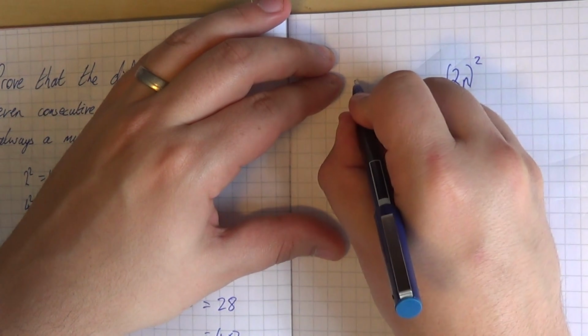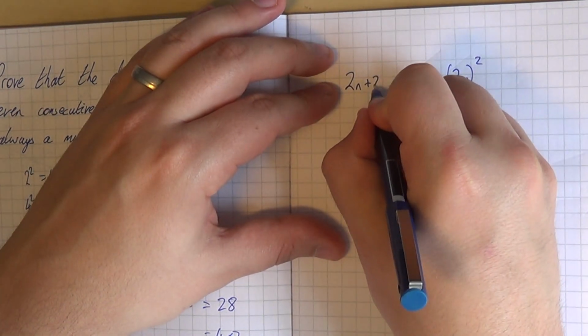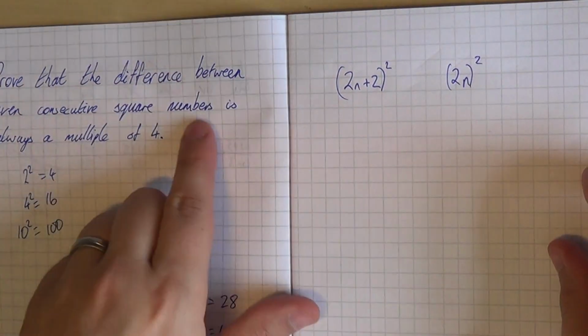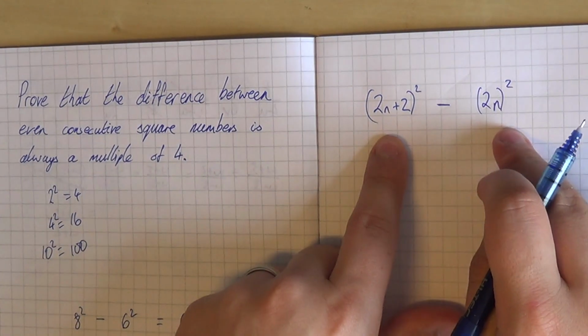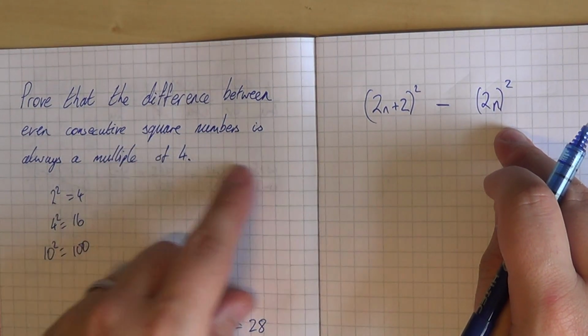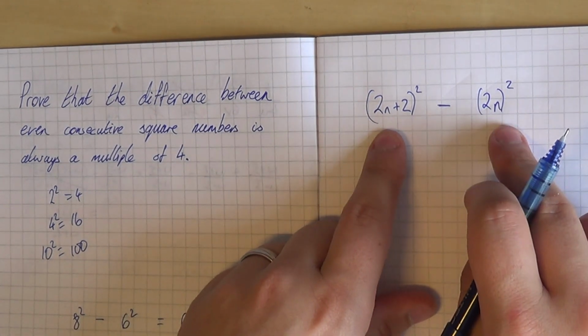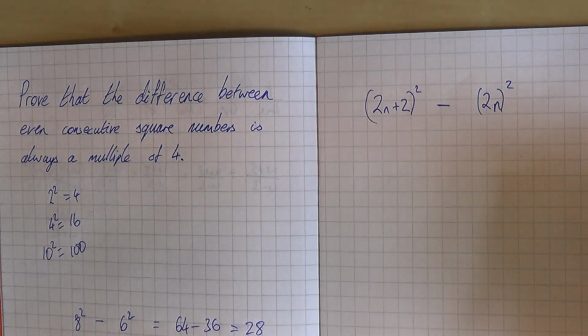Well, if that's the even number, the next even number is 2 after, and we can square that. And the question talks about difference, so we're going to subtract these. So this statement here now covers all pairs of consecutive even square numbers, because I can pick any value of n and this will be just as true. Now there are some times that will fall apart, like dividing by 0, but that won't be happening here.